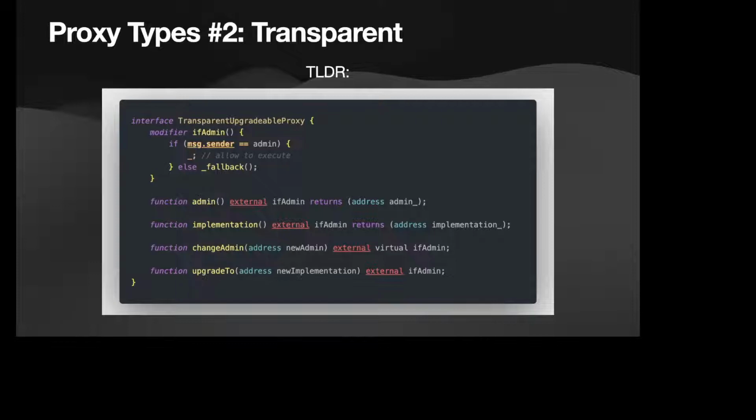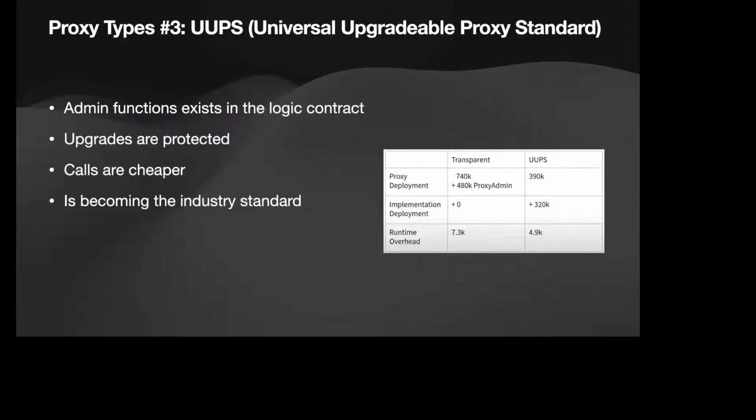Whereas UUPS actually performs some runtime introspection, specifically around storage slots, because there have been some interesting EIPs to standardize how storage slots are read and written to when it comes to proxies.